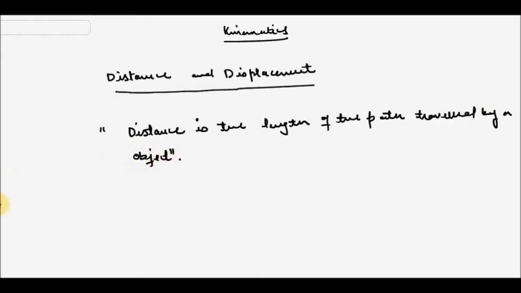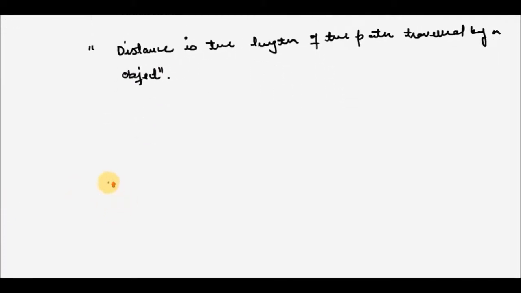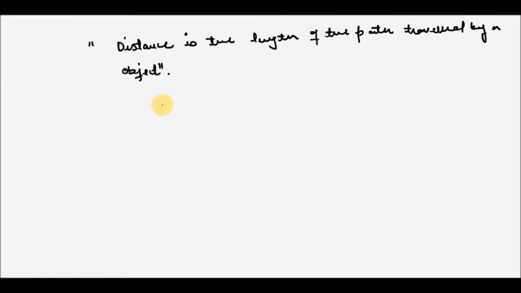Now what does this mean? Now I'll try and explain this. Suppose a person is standing on point A and he wants to go to the point D, and the path he chooses is this one, right?